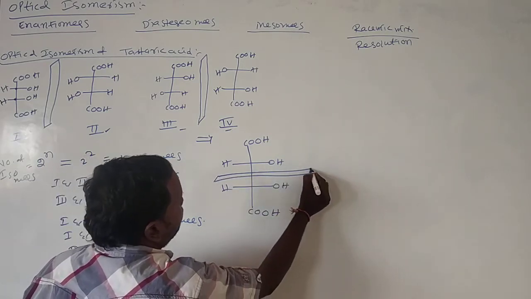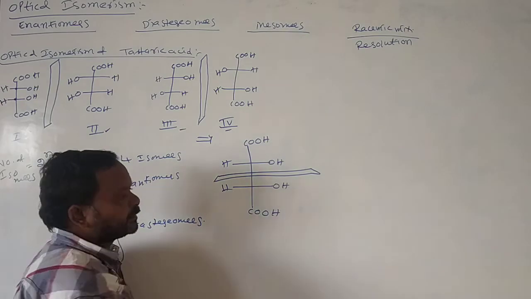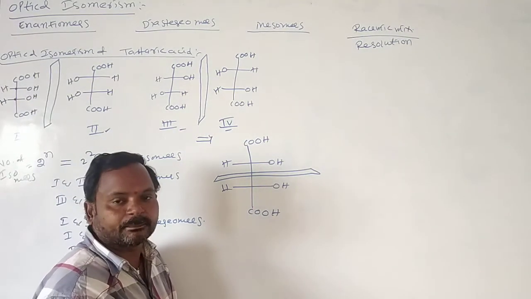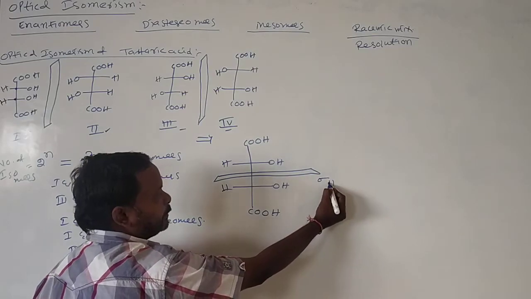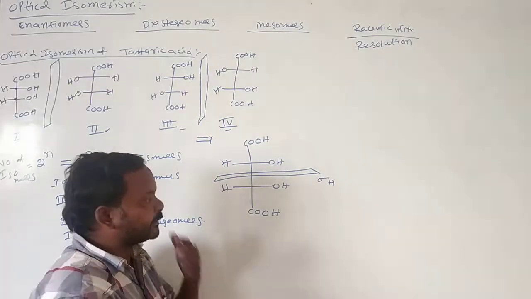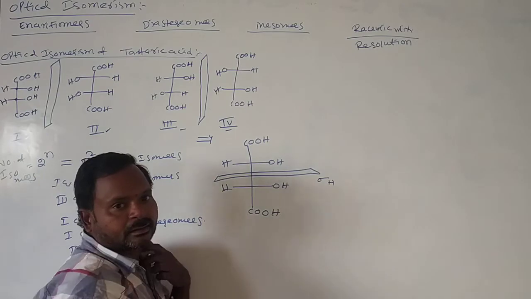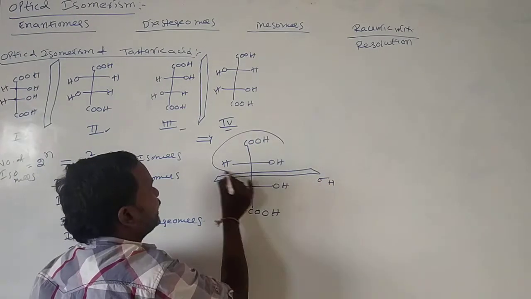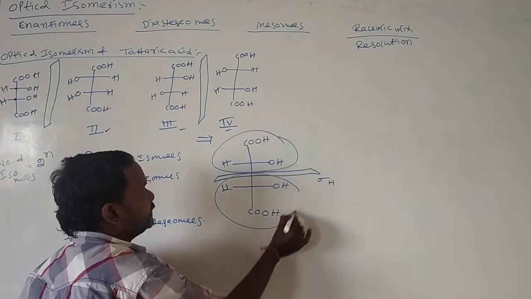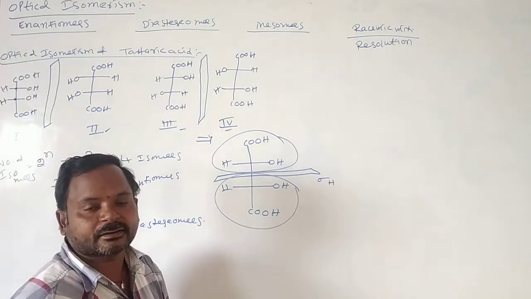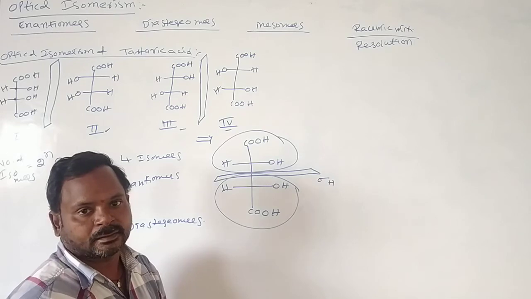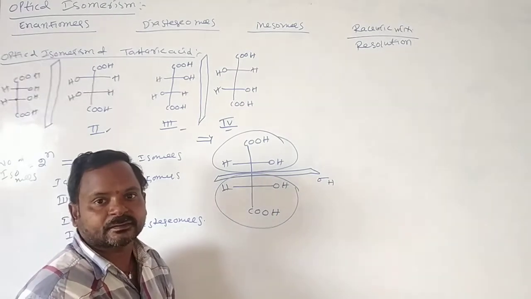If you cut the molecule through a vertical plane or horizontal plane, the plane of symmetry is indicated with sigma. If you cut the molecule in a horizontal plane like this, you will get this half and this half, the same, equal halves.